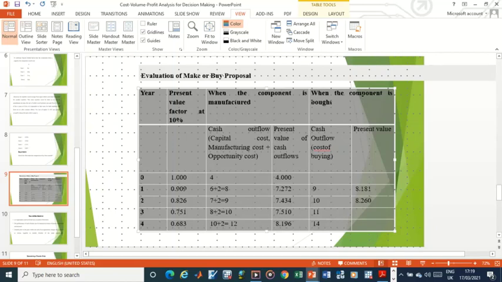The next one, which is 11 multiplied by 0.751, will give us 8.261.